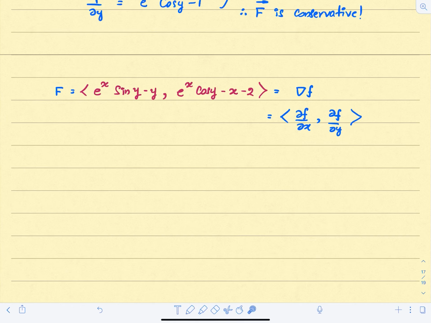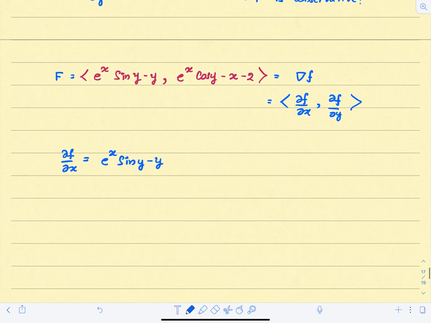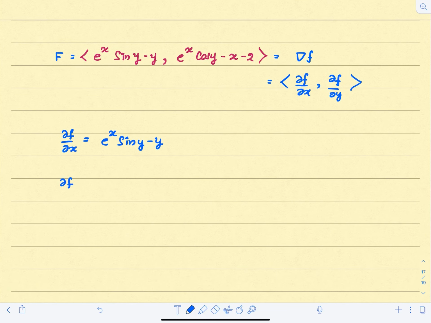Again, this vector field is a two-dimensional vector field, so here we have only the first two components of the gradient operator. Now from this, we can say that partial f over partial x equals e^x sin y − y, and partial f over partial y equals e^x cos y − x − 2.